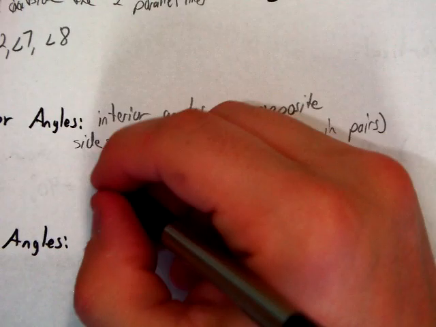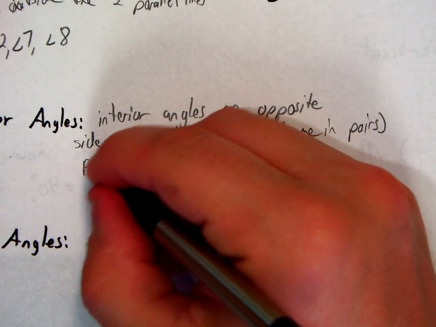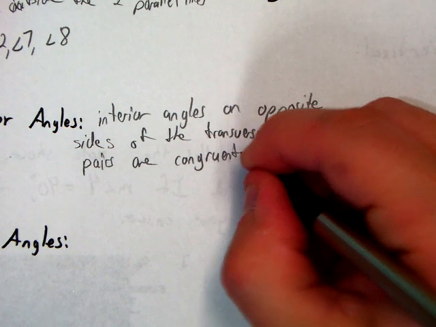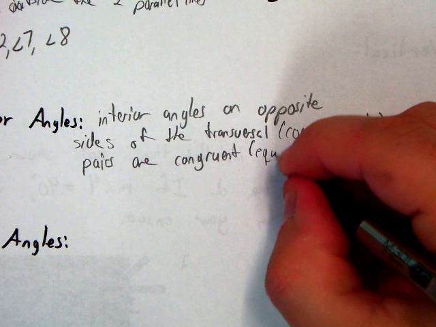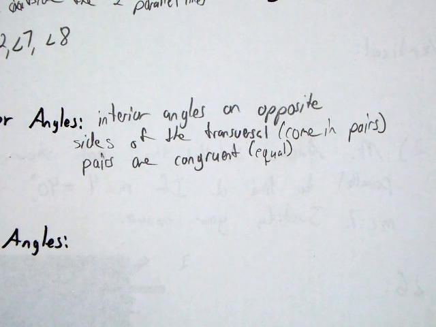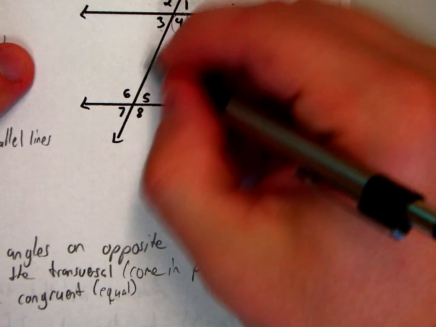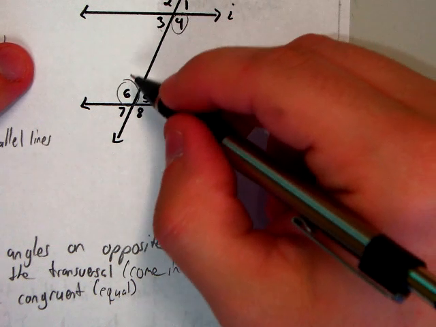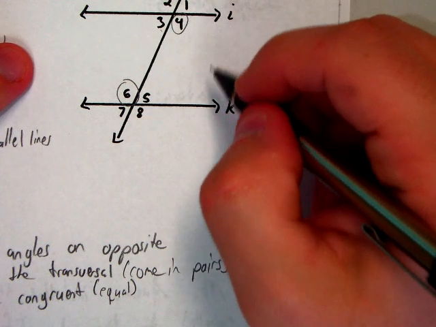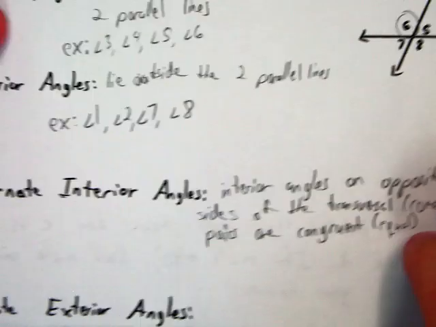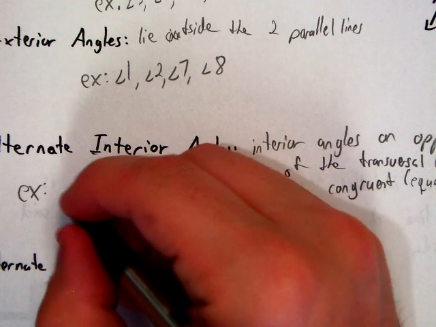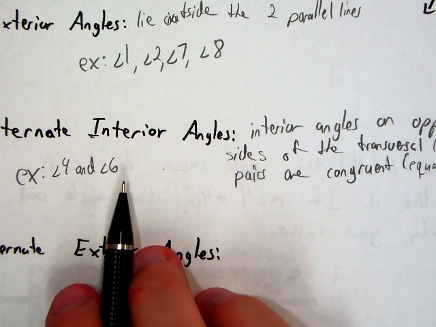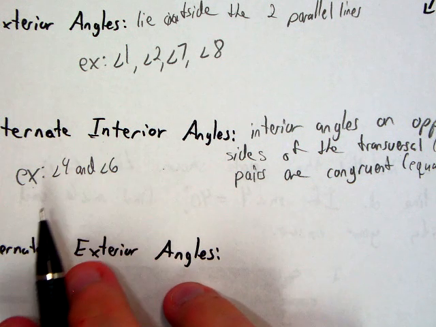And these pairs are congruent, which means they're equal to each other. So if we look at this, 4 and 6 are alternate interior angles. They're on opposite sides of the transversal, and they're both inside or between the two parallel lines. So some examples would be angle 4 and angle 6. They come in a pair, and those two angles are congruent to each other. They're equal to each other.